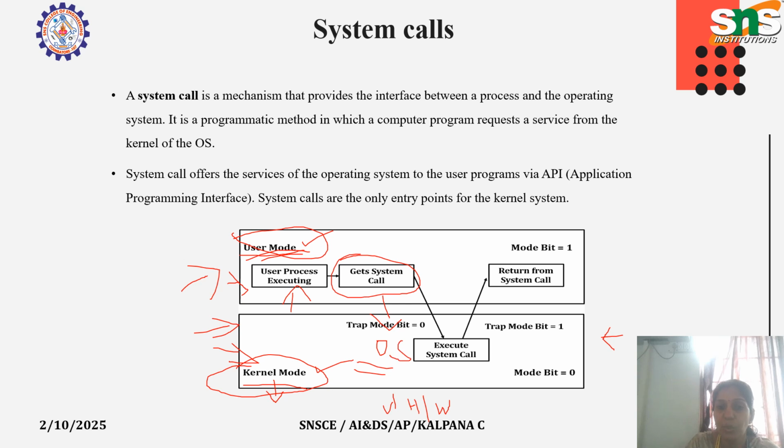As I told you, system calls are the only entry point for the kernel system. Once a system call is generated, your control will be passed to your operating system, that is kernel mode. Your kernel will take care of your system call execution. It will be executing the system call.